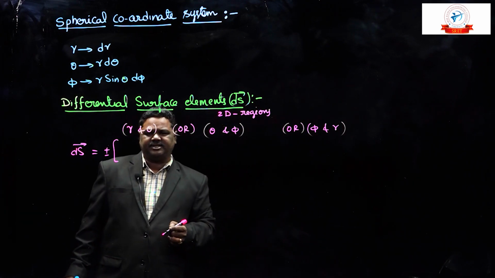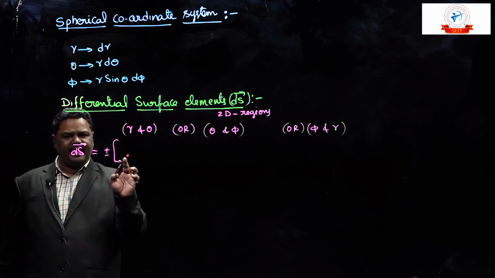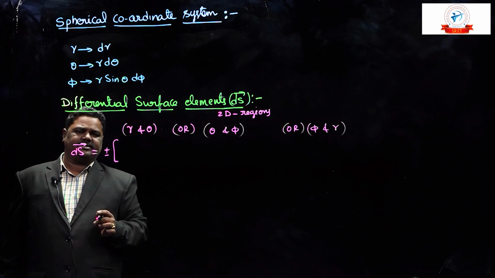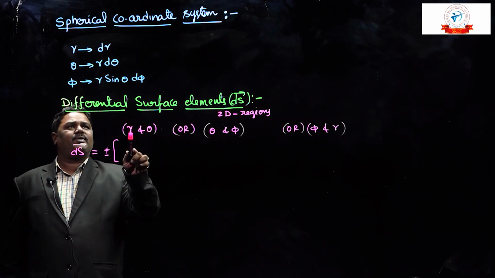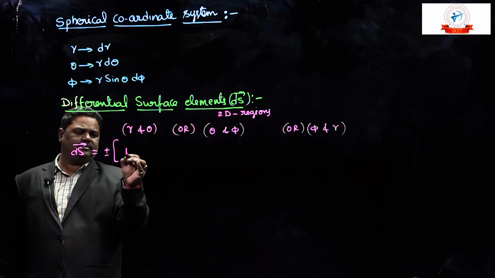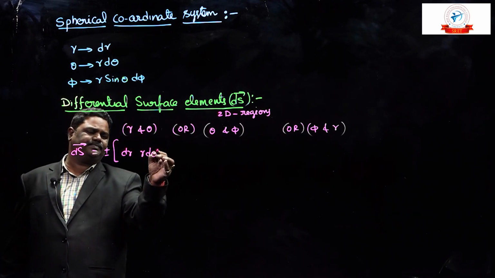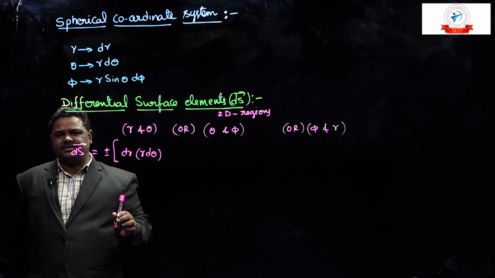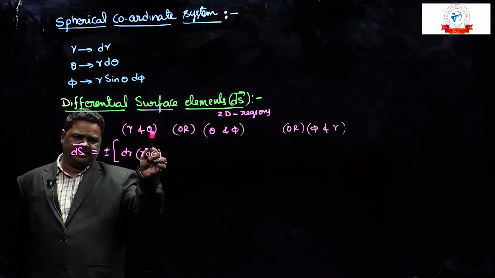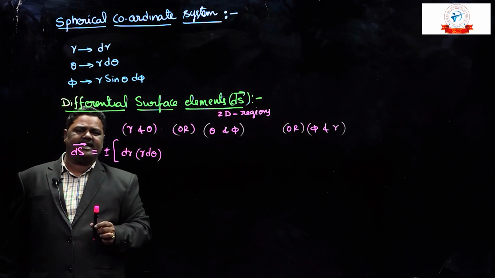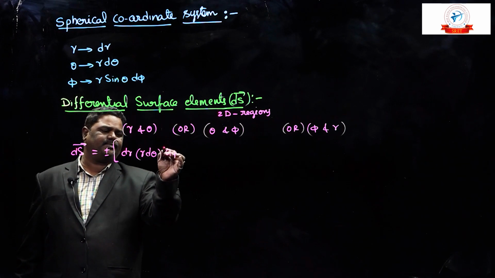Now just tell me, a differential surface element contains the area of the surface into the direction of the surface. What is the differential area due to r and theta? r will produce a differential length dr. Theta will produce a differential length of r d theta. And what is the direction of the surface? Here the surface is constructed with r and theta, and the direction will be in the remaining coordinate direction. What is the remaining coordinate? Phi. So a phi cap.